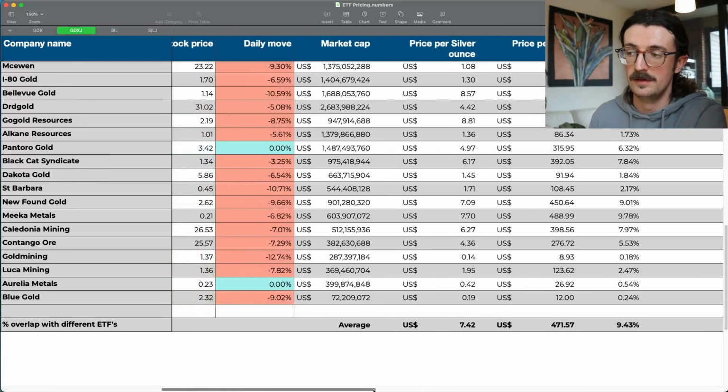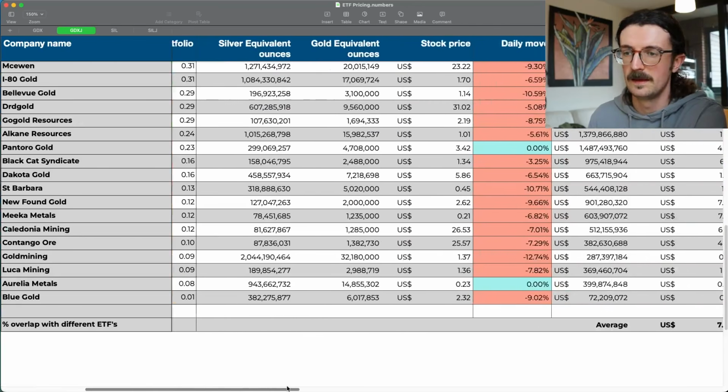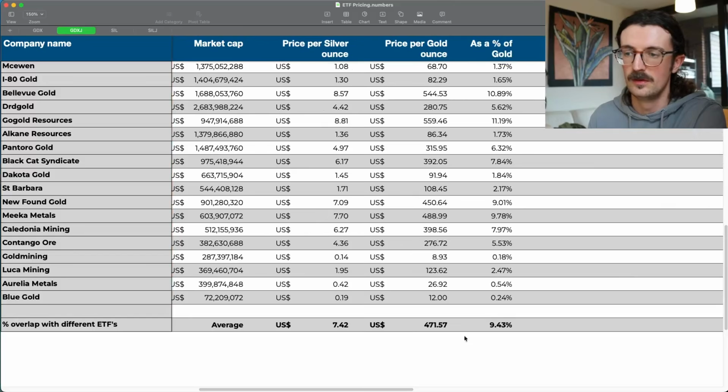So the difference, the 22% difference in this ETF compared to the GDX, because 78% of this ETF overlaps with the GDX, this 22% difference gives an almost 30% difference in valuation. So the stocks that are in here lag very hard compared to the GDX. I think that is very interesting to keep in mind when investing.